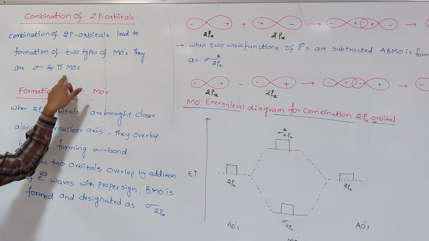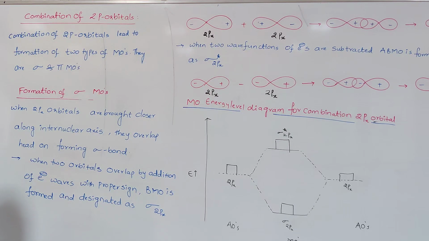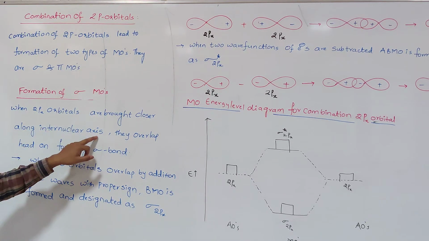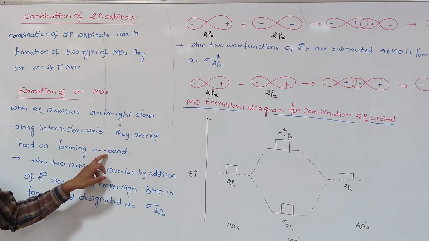Out of the three atomic orbitals, let us take first the 2px orbitals. The x axis acts as the internuclear axis, so first I explain the formation of sigma molecular orbitals. When 2px orbitals are brought closer along the internuclear axis, they overlap head-on, forming a sigma bond.